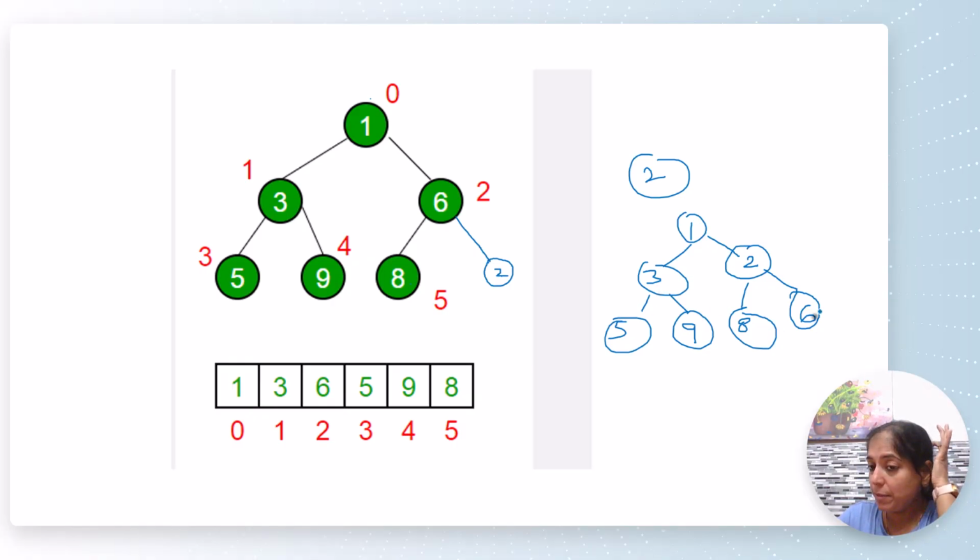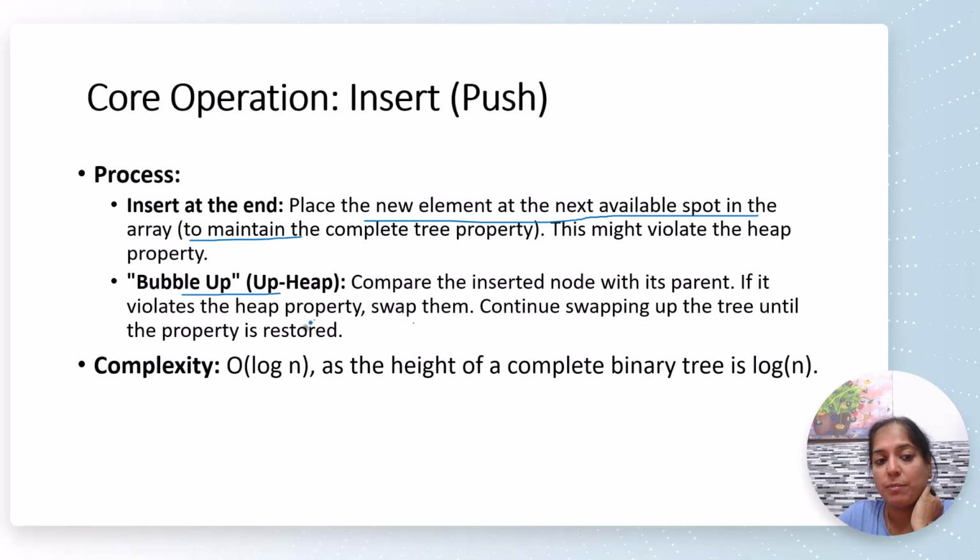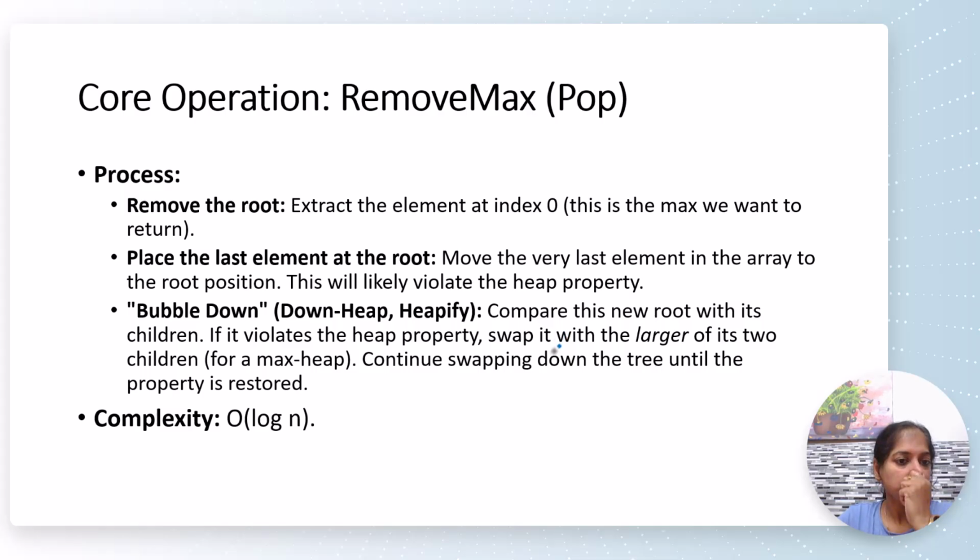So the heap property is restored, so it is correct now. We perform this swapping operation up to the root until the heap property is satisfied. The complexity of insertion is big O of log n in a binary tree.